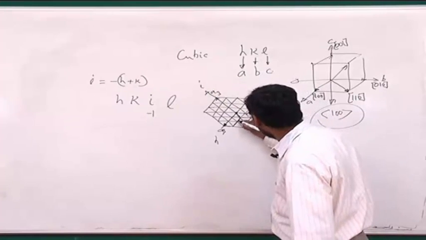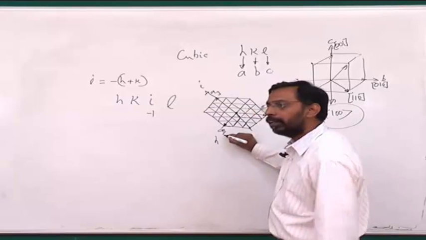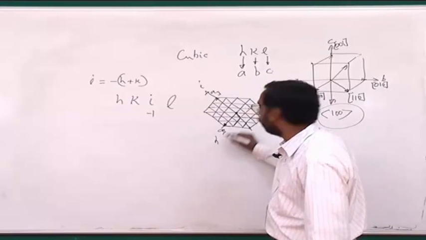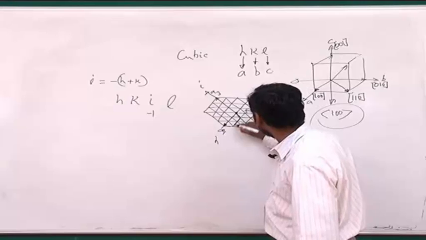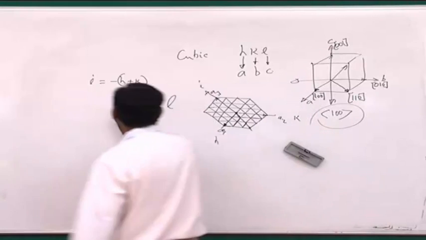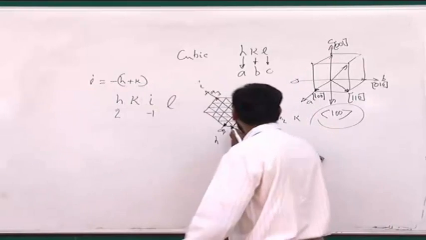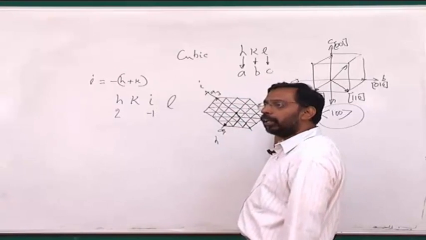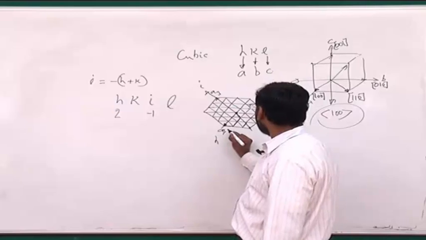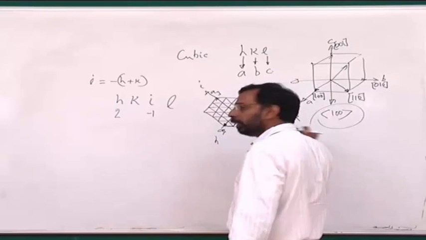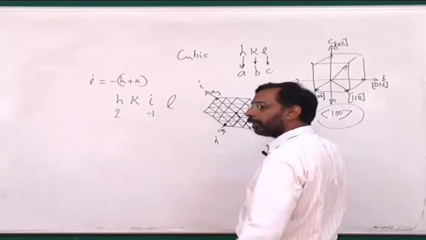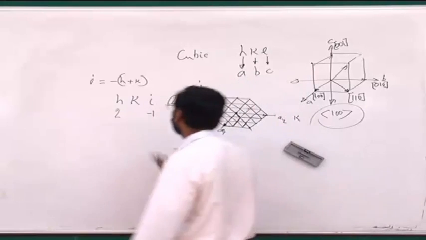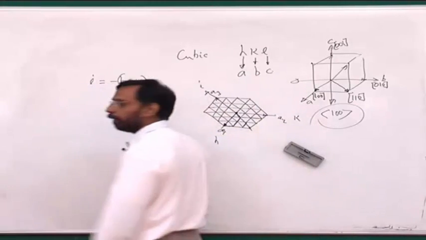And this is what direction? This is our A1 direction. A1 is H direction. H direction, how many am I moving? 1 and 2. I am moving by 2. And this is our A2 direction. A2 direction is K. So in the K direction, I am moving negative, backwards, because this is my vector. So I am moving by -1.